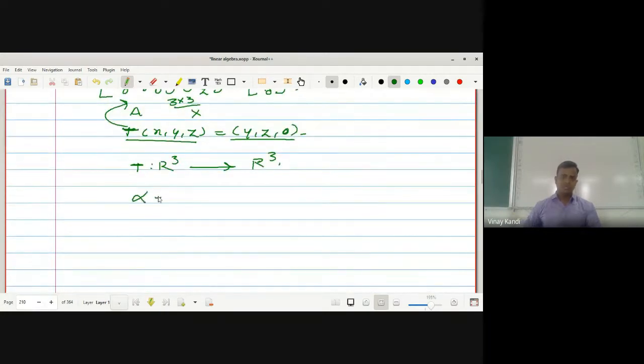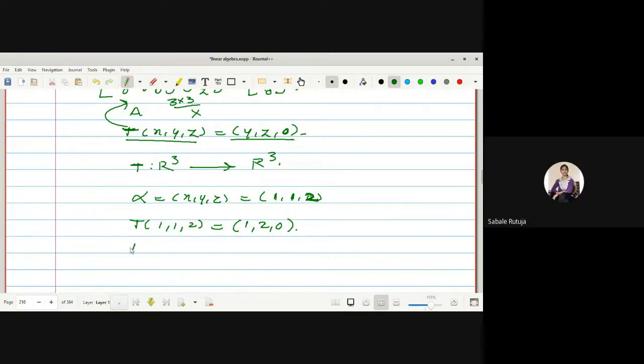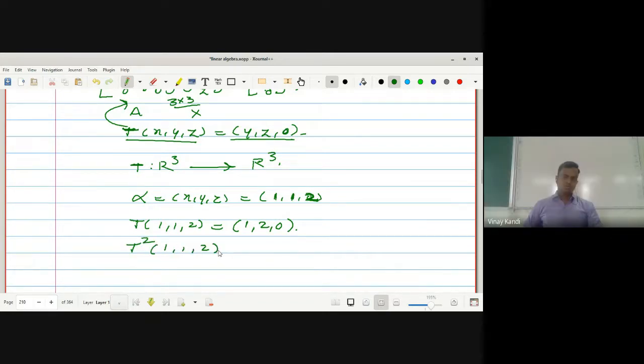Okay, let alpha is equal to X Y Z. हा मी एलिमेंट घेतला, काही एलिमेंट 1 1 2 घेऊया. Okay, what is T of 1 1 2 by this matrix? Y माझा 1 आहे, Z माझा 2 आहे, X माझा 0 होतो. Is it correct? Yes, sir. T square of 1 1 2 is equal to T of T of 1 1 2, which is T of 1 2 0.